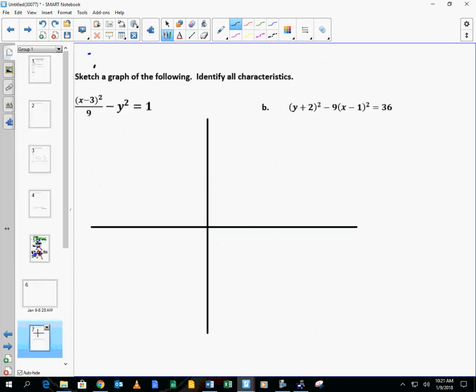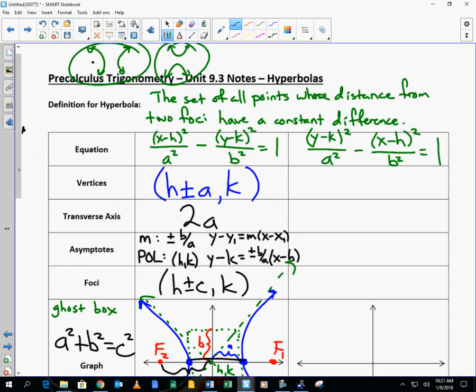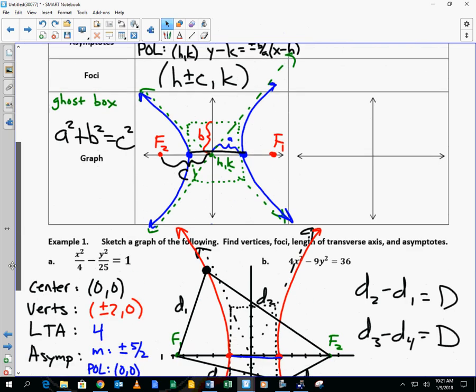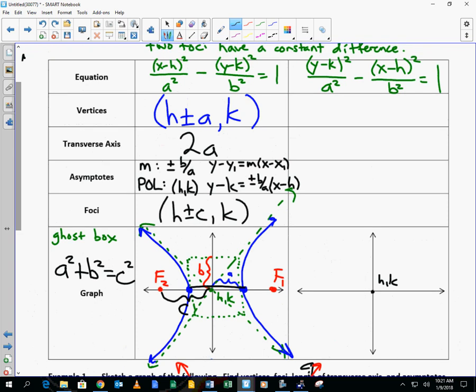Flip it over to the back side. Oh, whoops, sorry. Let's do this side, and then we'll do the one on the back. Just those two examples, okay? Now we're going to flip it so it opens up vertically. Let's get some things written down here. We've got (h, k) as our center. I'm going to draw my ghost box. How many units am I going to go in the y direction?